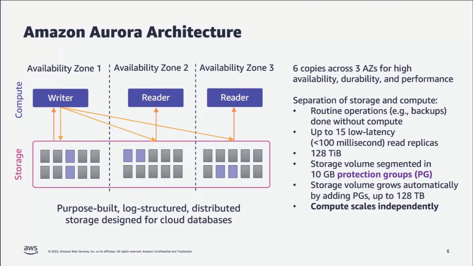And most importantly, because of this separation of compute, we can scale compute separately and independently of the storage layer. So you can scale it up and down, add more read replicas, remove read replicas without having to worry about what's happening to the storage layer.